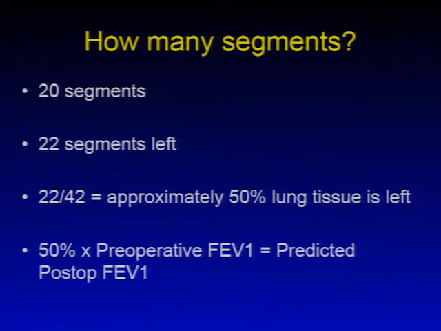Now, of course, when they talk about percent perfusion, in some cases the lung parenchyma is so damaged that those tissues aren't perfused at all in any event, and resultantly, it will not necessarily significantly matter. But in this case, 20 segments, so if you assume 100% perfusion, everything is going very well, you take out the entire left lung, there are 22 segments left, 22 over 42 is how much you have left.